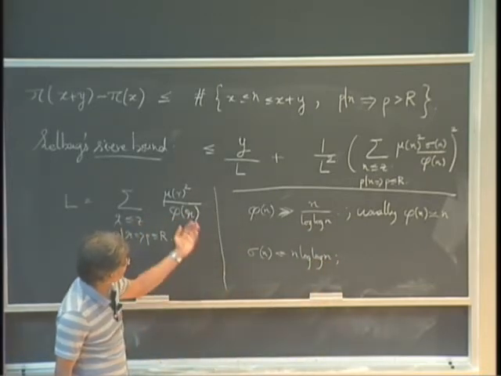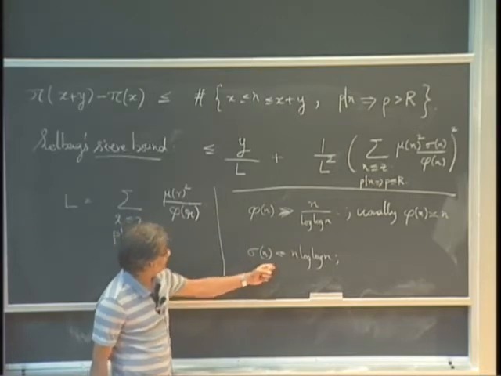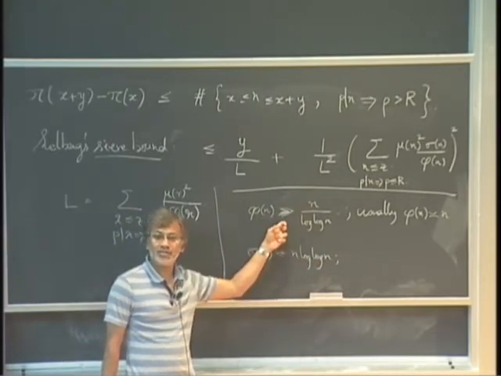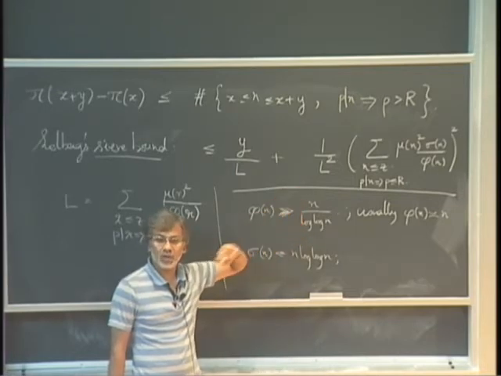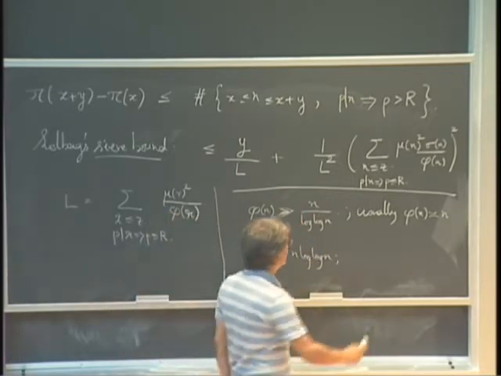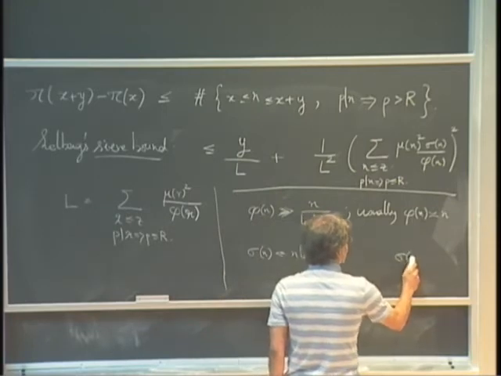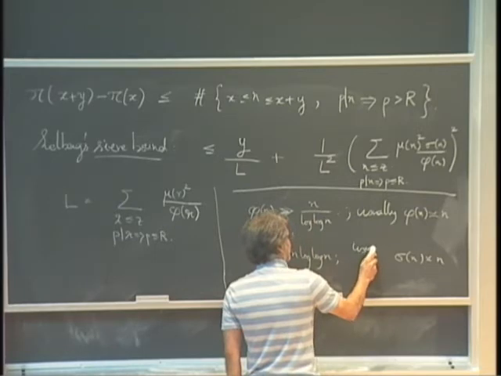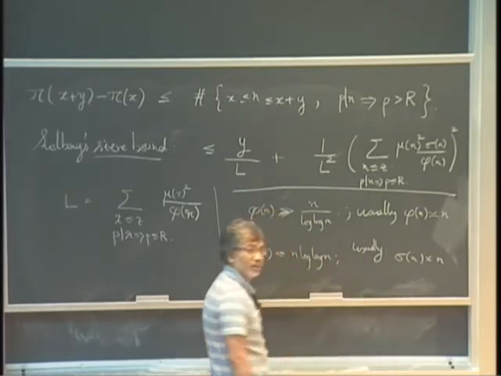So again, if you chose a primorial, if you chose something badly, then sigma of n could be a little bit larger than n, and phi of n could be a little bit smaller than n, and the ratio could be a little bit larger than 1. But usually sigma of n is also going to be of the same size as n. Okay?